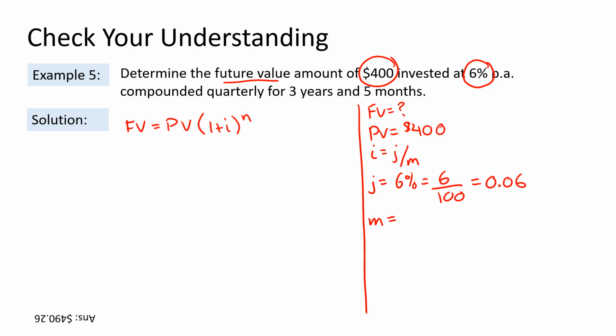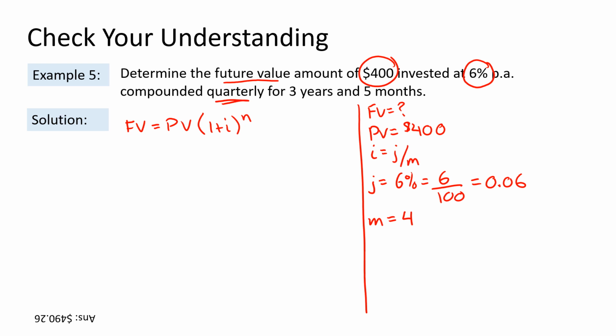M, our number of compounding periods per year, is also given in the question. It's compounded quarterly, which means every 3 months. There's 12 months in a year, so quarterly is 4 compounding periods per year. If you're still getting used to terms like quarterly, annually, and semi-annually, they will start to come to you quickly as you do more of these questions.